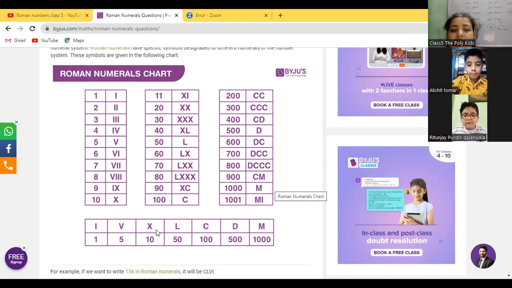So this is the table of main symbols. 1 means I, 5 means V, 10 means X, 50 means L, 100 means C, 500 means D, 1000 means M. Okay, is it clear?